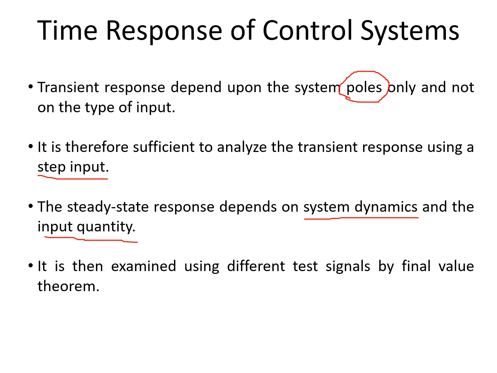Therefore, it is examined using different test signals by final value theorem. So transient response is analyzed using the step input, whereas steady state response depends on the system dynamics and the input. For that purpose, we are going to use the final value theorem to find out the steady state response.